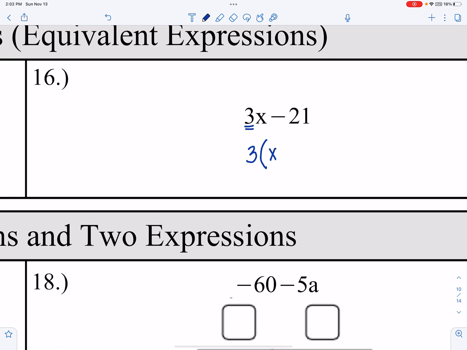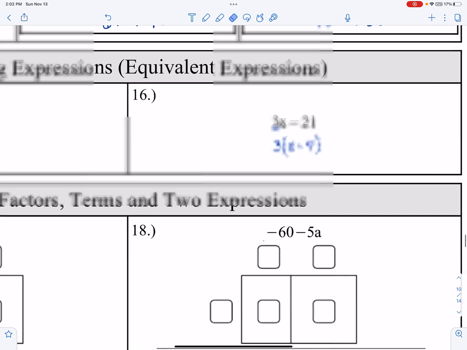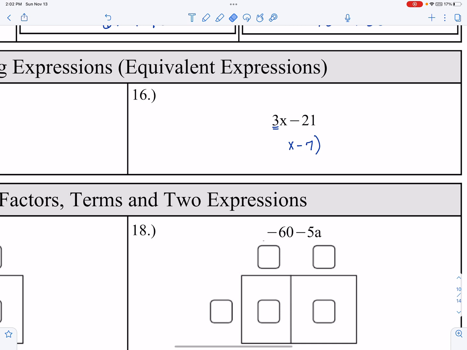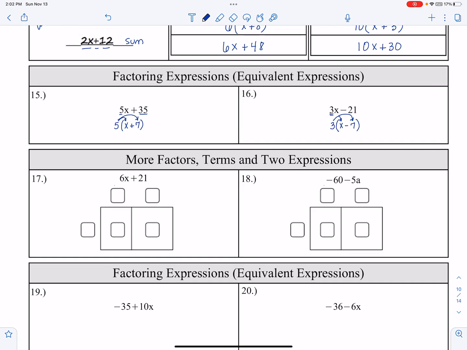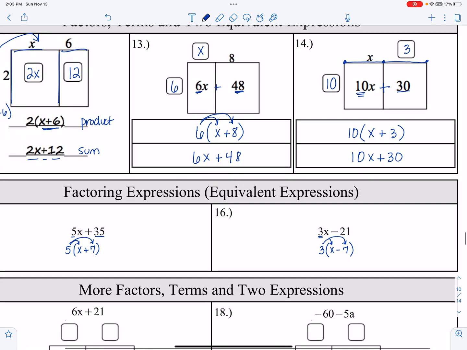And so I have the x minus, and then I can just look at that as a positive number. 21 divided by 3 is 7. So we have 3 times x minus 7, and there we go. I like to verify that it would distribute back to the original, and it does. So in all of these ones, we are able to factor out that coefficient number.